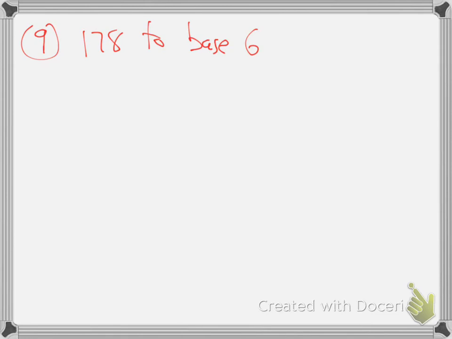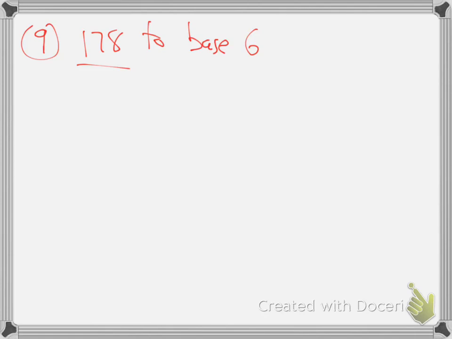This one is backwards. We're starting with 178, a normal number, and they're saying change it into base 6. So how do we go into a foreign system?